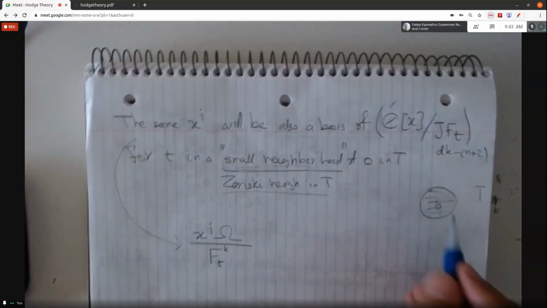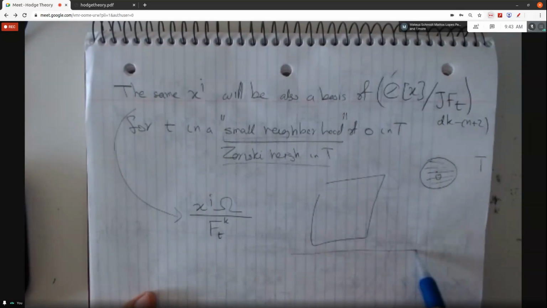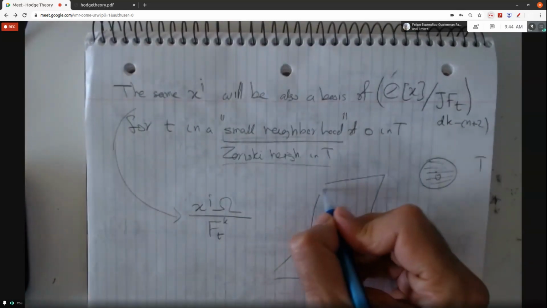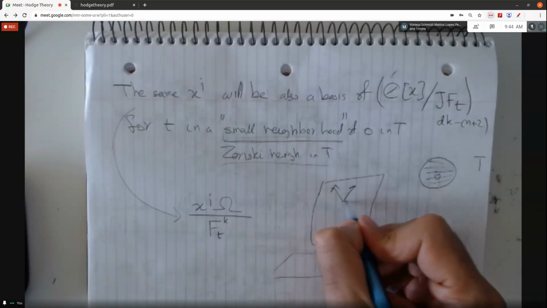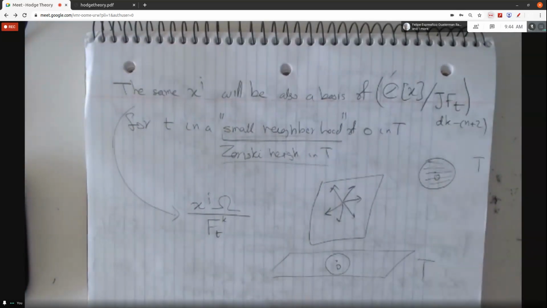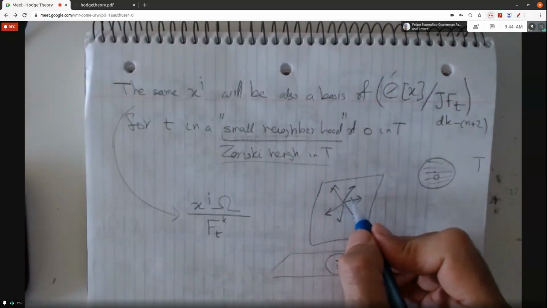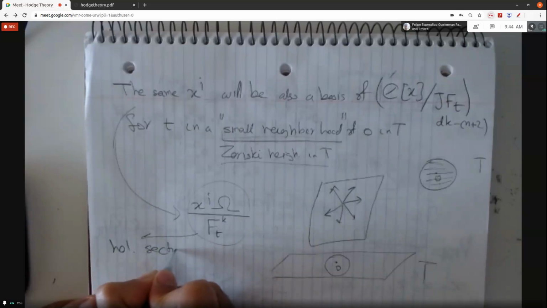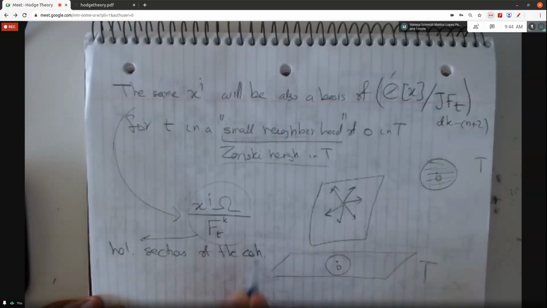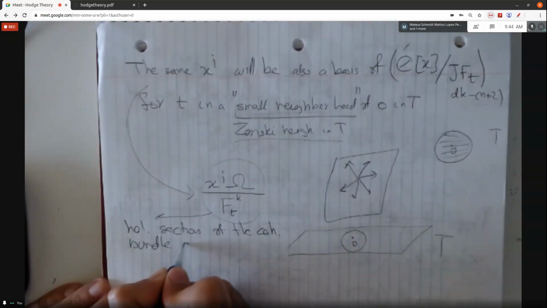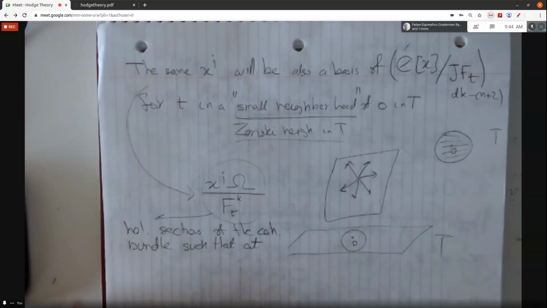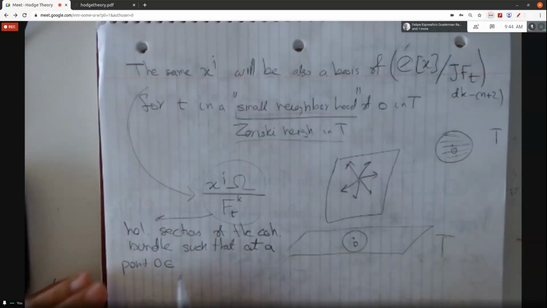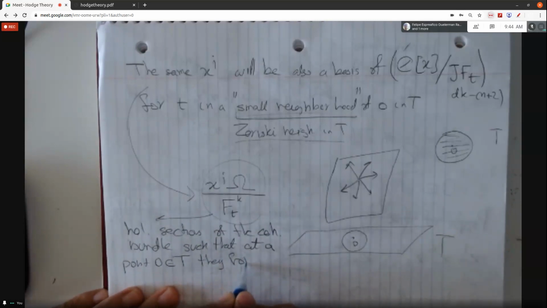So we have already seen that we have the cohomology bundle, and if we choose a basis of one fiber, at the end of the day these are holomorphic sections of the cohomology bundle such that at point 0 they form a basis.